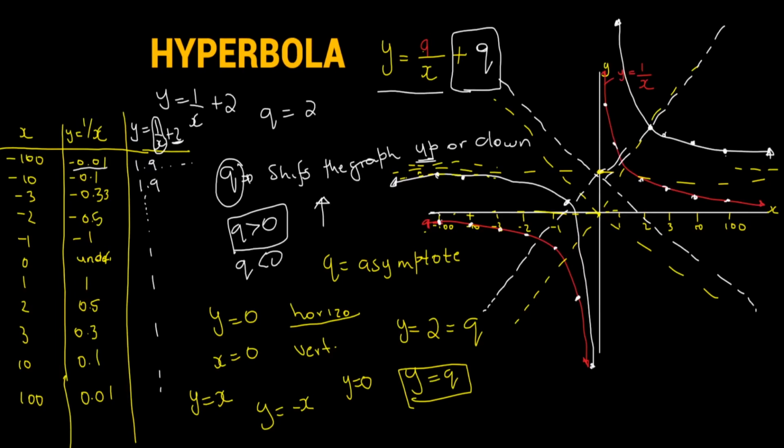And you can see now they are crossing by that point, the asymptote point, where y is equal to 2. Now you are no longer crossing your point at 0, 0. You are crossing 0, 2.